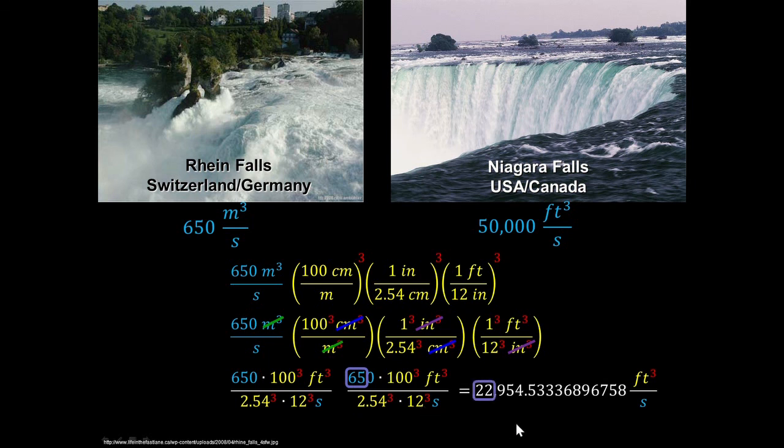So I just have to have 2 sig figs in my answer. I'm going to round up and call that 23,000 cubic feet per second. So on average, this runs about half the flow of Niagara Falls.